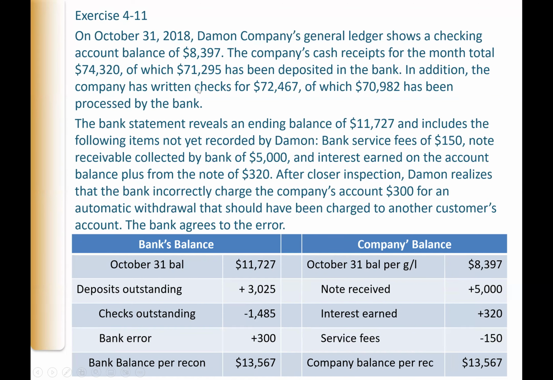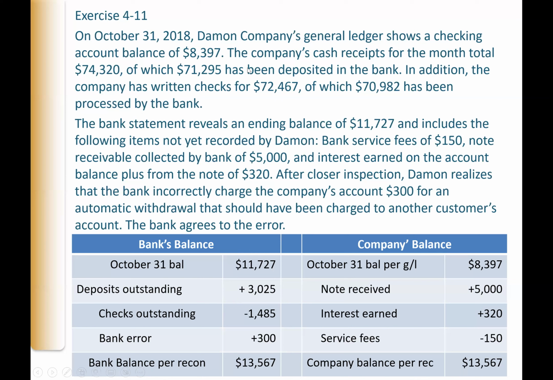So we look and see the deposits. It says the total deposits the company recorded was $74,320. But what was deposited in the bank is only $71,295. So that difference of $3,025, we need to add to deposits outstanding.